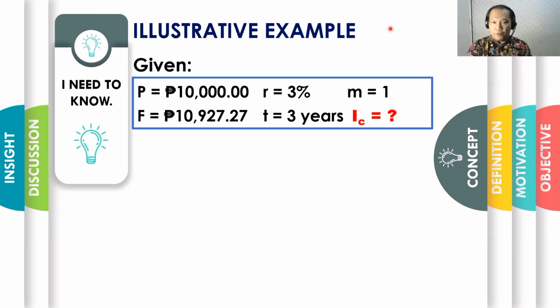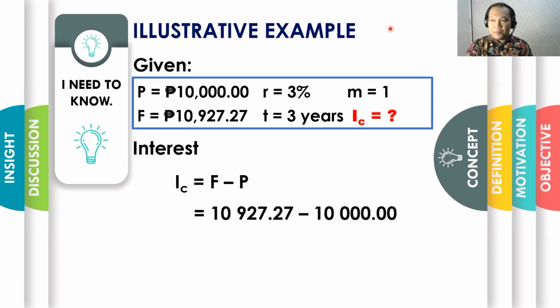To find the answer, we have maturity value minus the principal amount. By substitution, we have 10,927.27 minus 10,000.